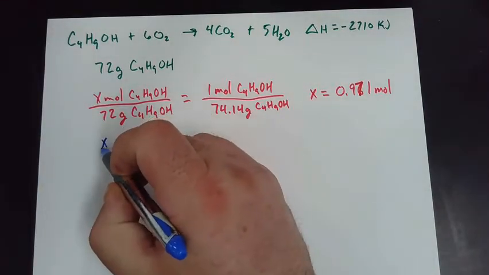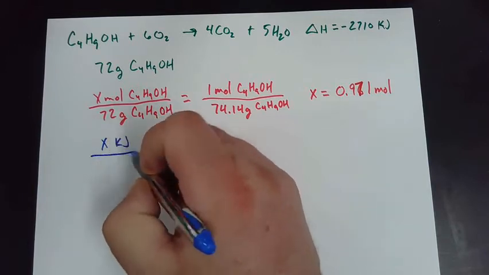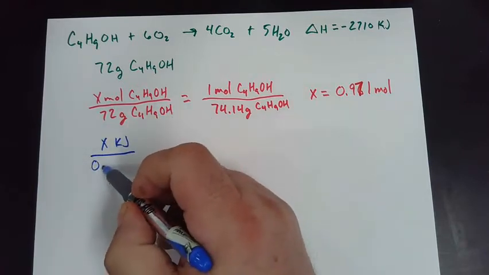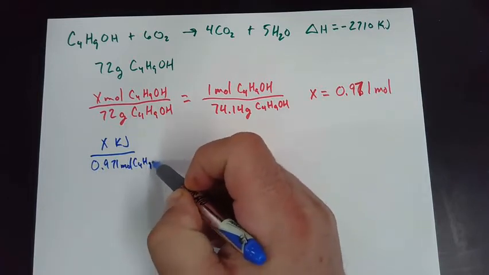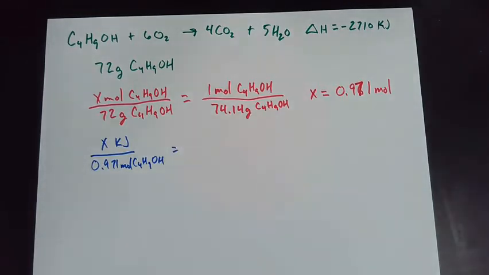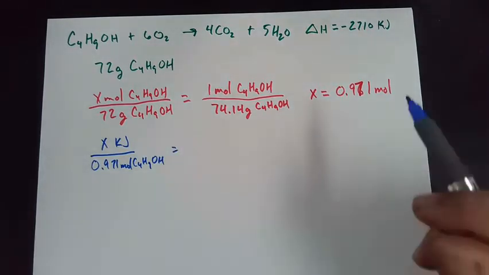When Aaron says we're going to do X kilojoules over the 0.971 mole of C4H9OH, what's going to go on top?